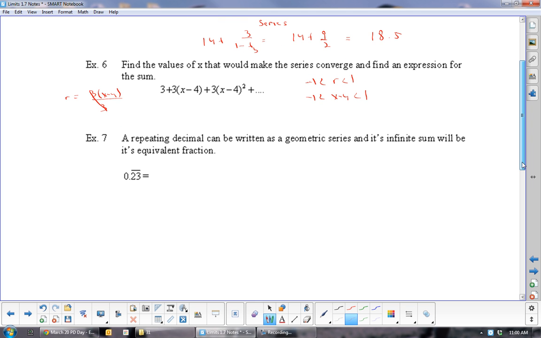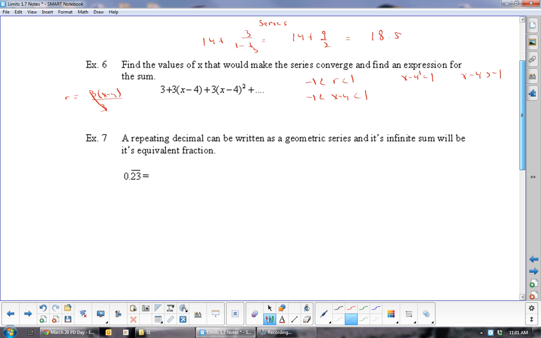You could split it up into two equations. Well, x minus 4 has to be less than 1, and you can read it the other way: x minus 4 has to be greater than -1. And probably this is going to make the most sense to students.